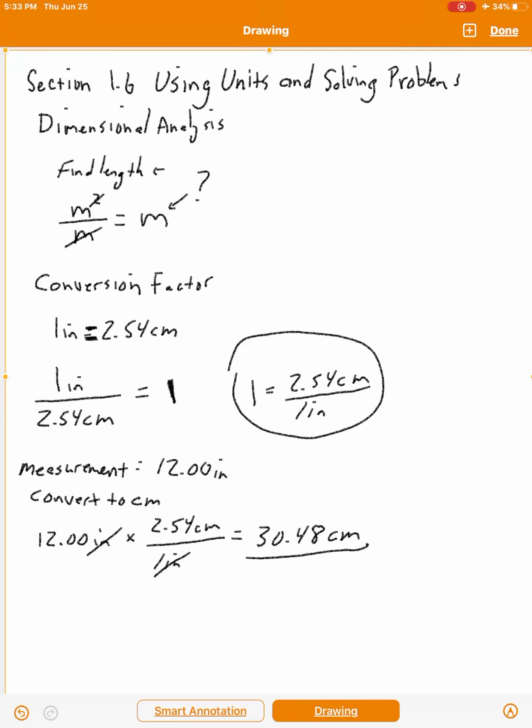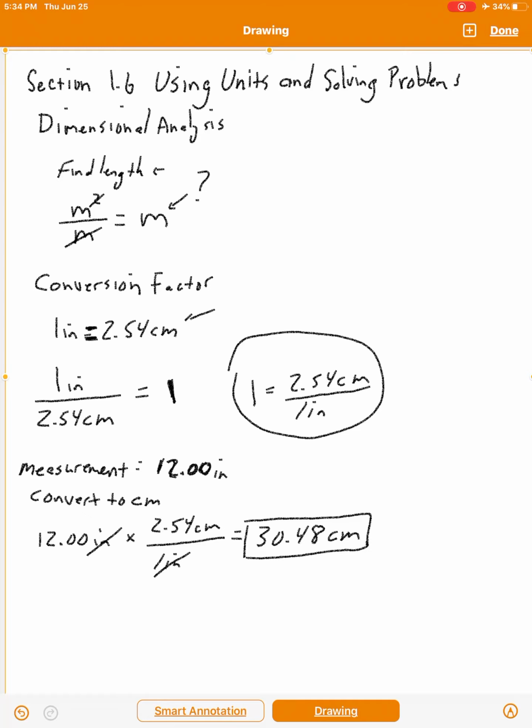Now let's apply the rules of significant figures to that calculation. 12.00 inches is the measurement. How many significant figures does 12.00 have? You have 1, that's significant. 2 is significant. There's a decimal, and then you have trailing zeros. So that means the zeros are also significant. So all 4 are significant. There's 4 sig figs.